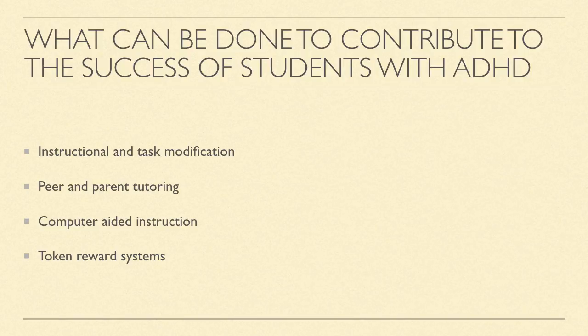Consistency is key, so that students know what to expect and they can cater their behavior accordingly. This has shown to be quite effective. DuPaul states that the combination of strategies has resulted in significant improvements in task-related attention, productivity, as well as accuracy.